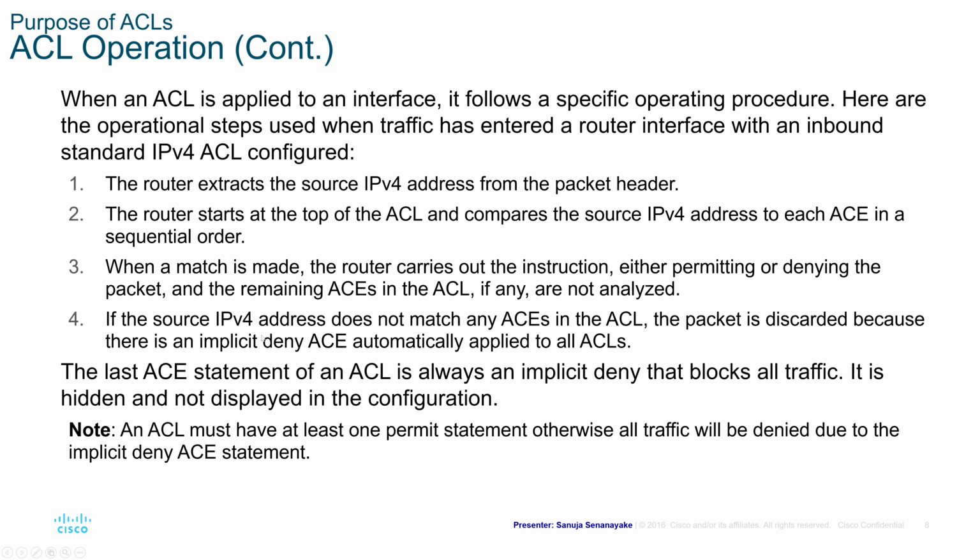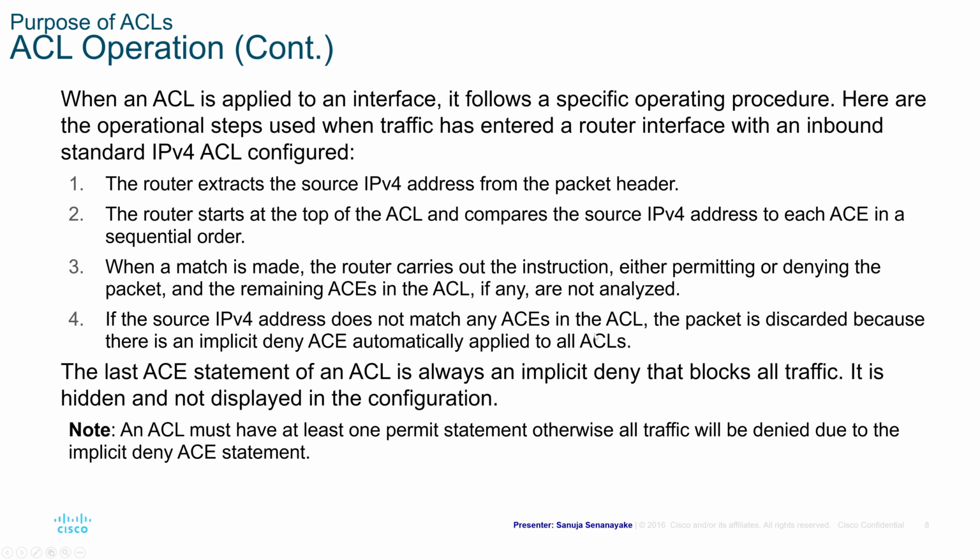So remember that. The last ACE statement of an ACL is always an implicit deny that blocks all traffic. It is hidden and not displayed in the configuration. So by default, the last ACE statement is always going to be implicit deny.